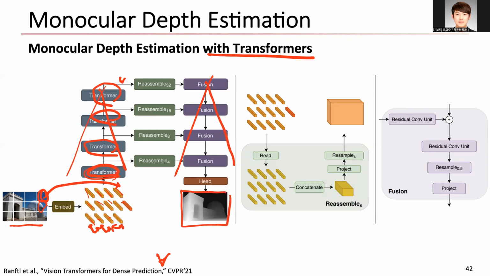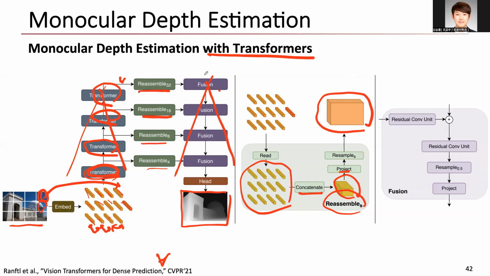Similar to UNet, it has a reassemble module. In the reassemble modules, we concatenate the tokens into the shape of the original tensor, project them to another embedding space, and concatenate with the previous output.